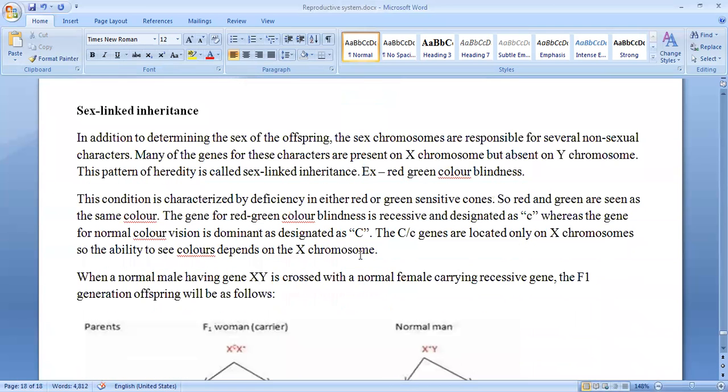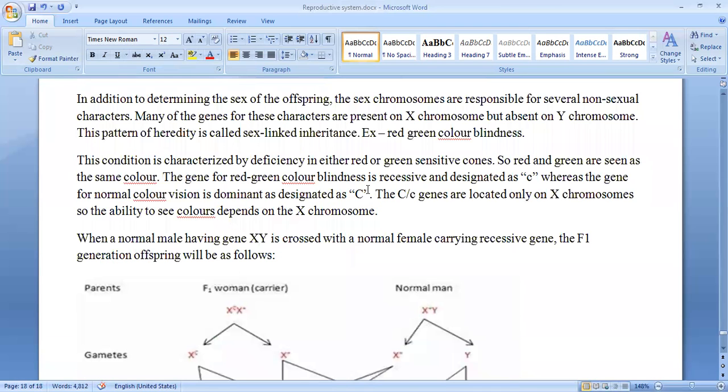Then the third type of inheritance pattern is when the inheritance occurs because that particular quality is transferred through the sex chromosome. That is called sex-linked inheritance. Now we know that sex chromosomes, the XY or XX set, are responsible for determining the gender of the child.